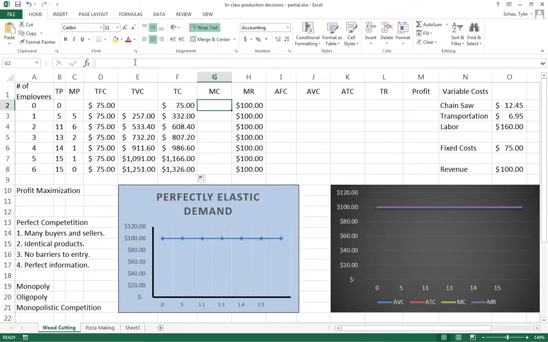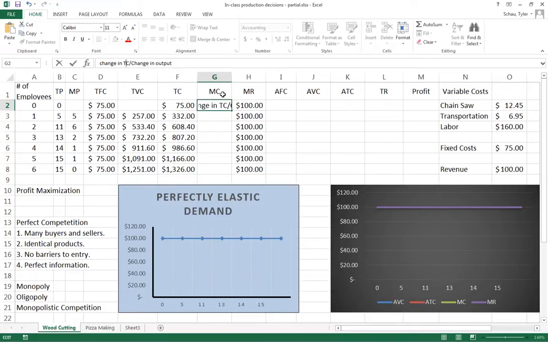Marginal cost, if you remember, the definition for marginal cost is change in total cost divided by change in output. Okay? Or it could be change in total variable cost. Either works.